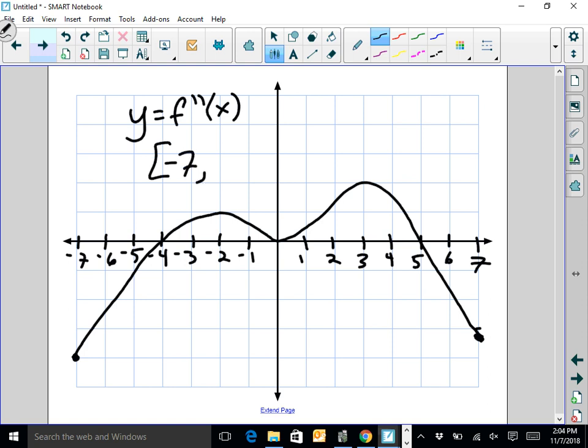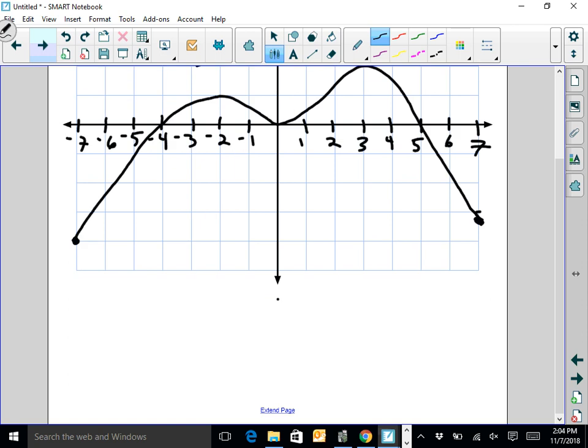Okay, so my first question is, when is F concave up? Now let's think about our definitions of concave up. Concave up is when F is smiling. We don't have a graph of F, so we don't care. What we did on the last problem, F is concave up when F prime is increasing.